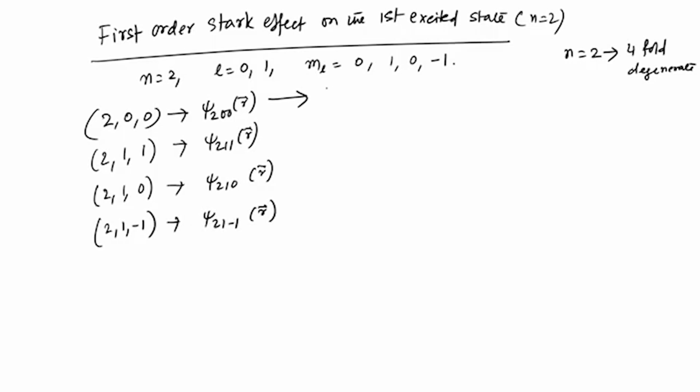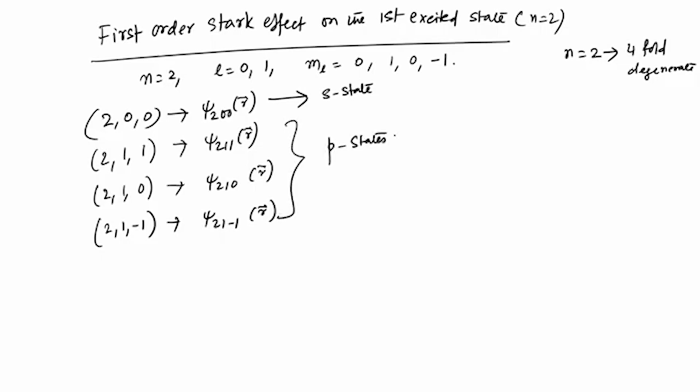And this one is called the S state. S corresponds to this notation when L is equal to 0, the azimuthal quantum number, and these others are called the P states. Okay.